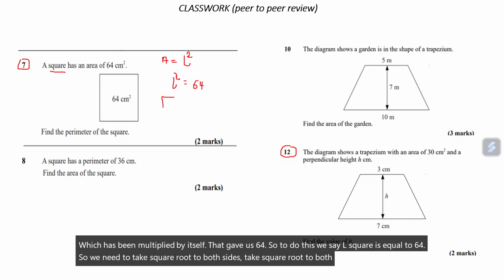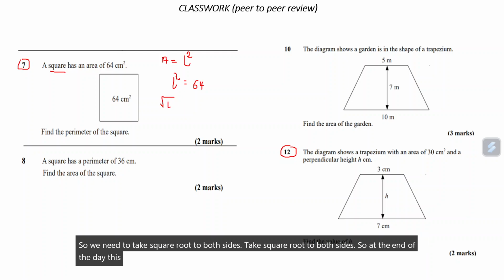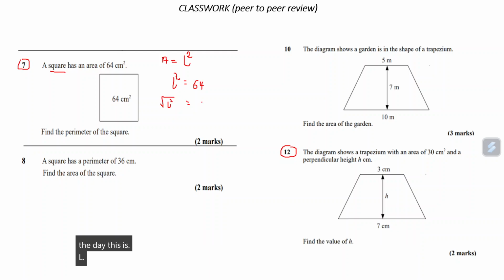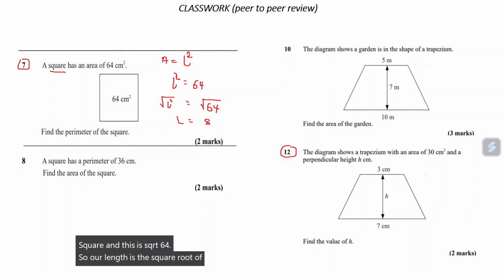So at the end of the day, L squared becomes L, and this is the square root of 64. So our length is the square root of 64, which is 8. So we assume one of the sides is 8.